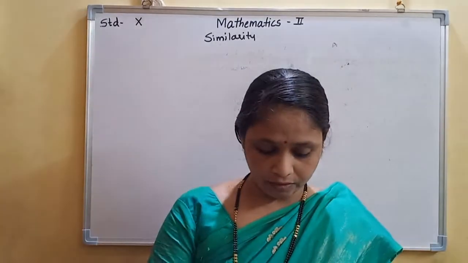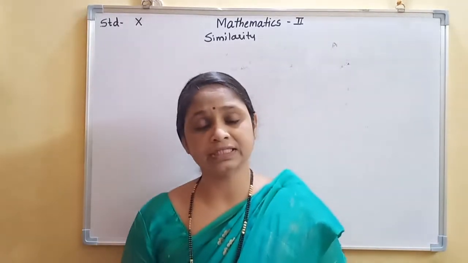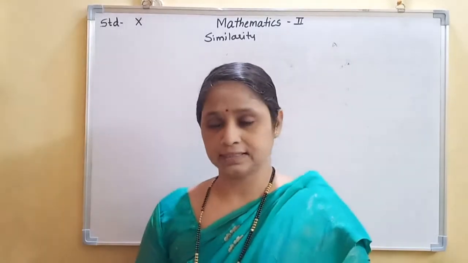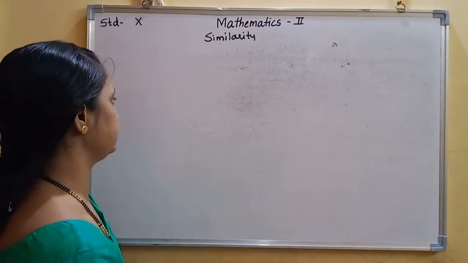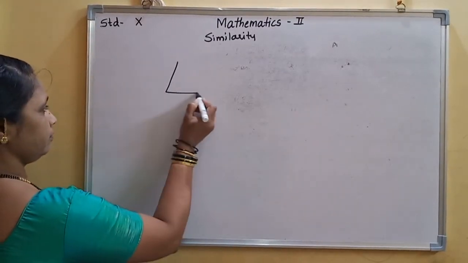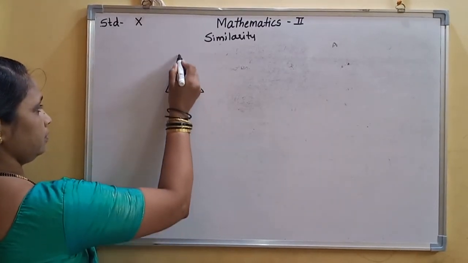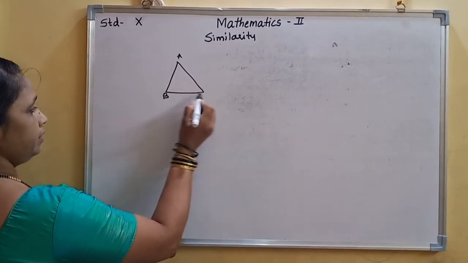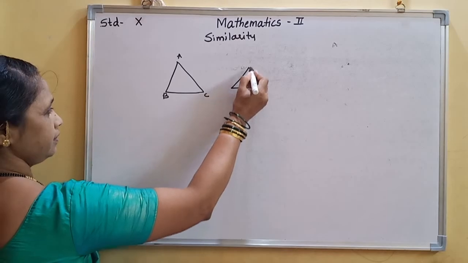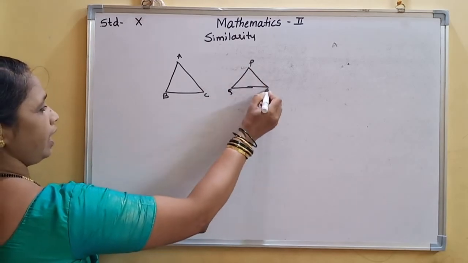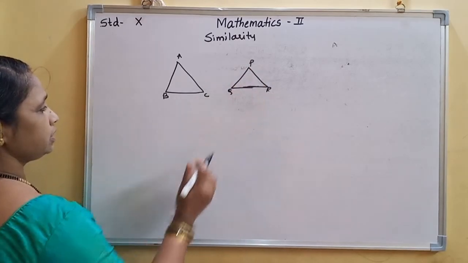Now similar triangles. When do we say that two triangles are similar? Suppose we consider two triangles, ABC and PQR.